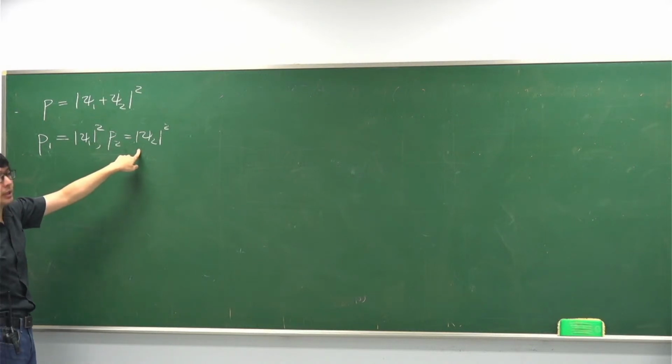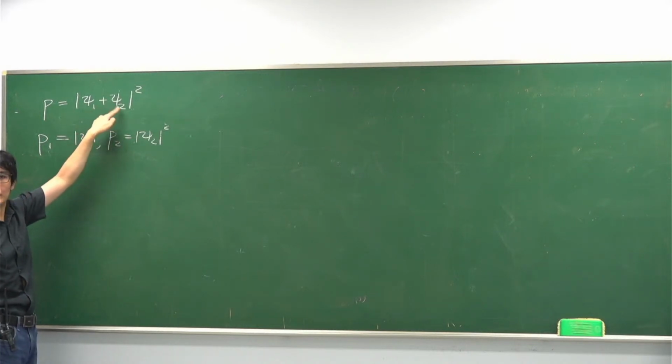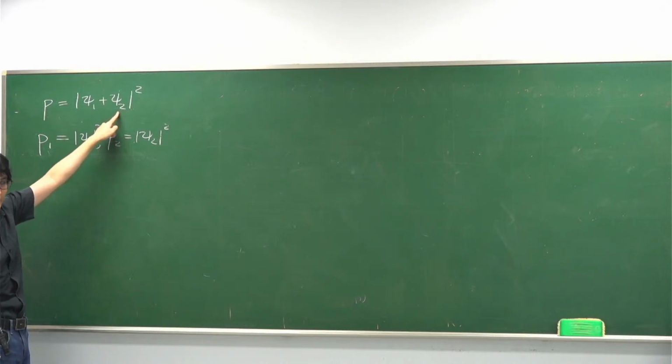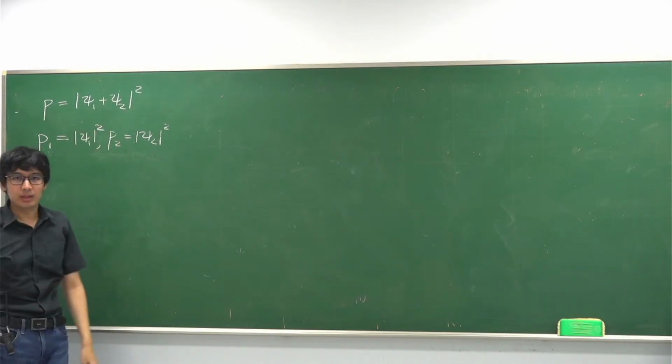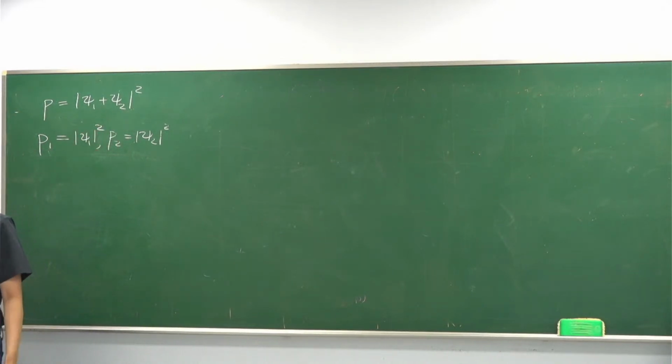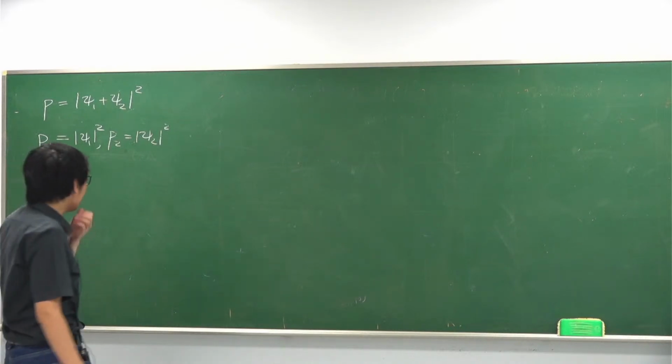Okay. Because here I can have a relative phase between psi 1 and psi 2, and that's the reason for constructive or destructive interference, right? The destructive interference is especially important because that distinguishes probability amplitudes from just normal probabilities, right? Because normal probabilities cannot cancel with each other.